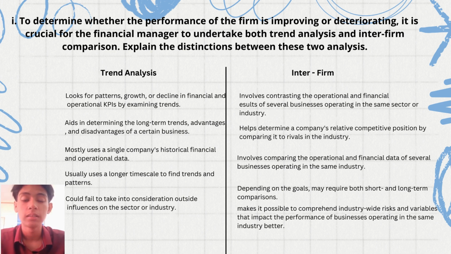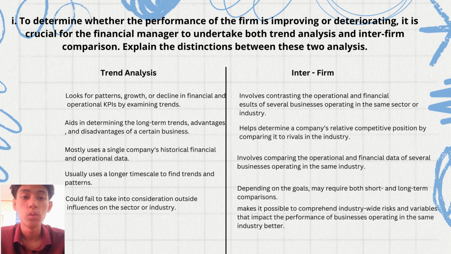Next is time frame. Trend analysis usually use a longer time scale to find trends and patterns. And interfirm, depending on the goals, may require both short and long-term comparison. Last difference is risk and industry factor.